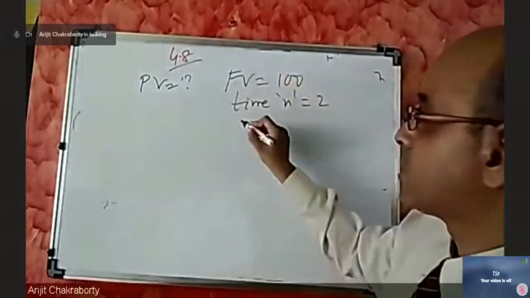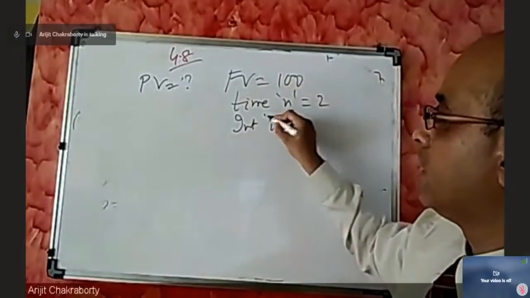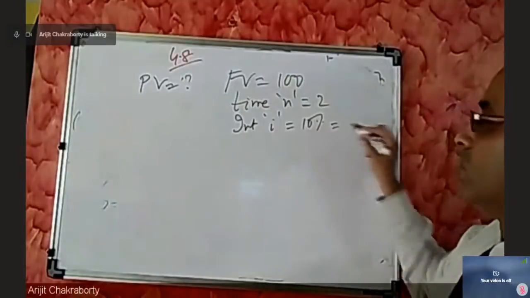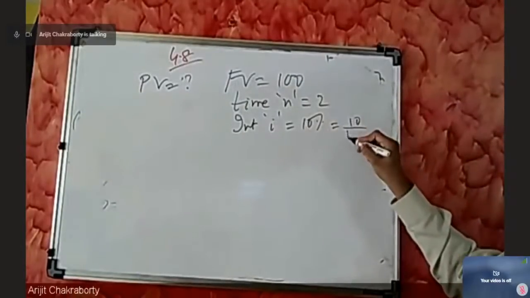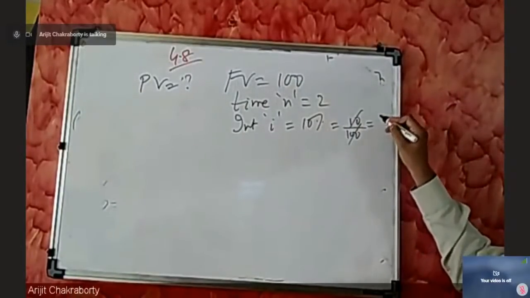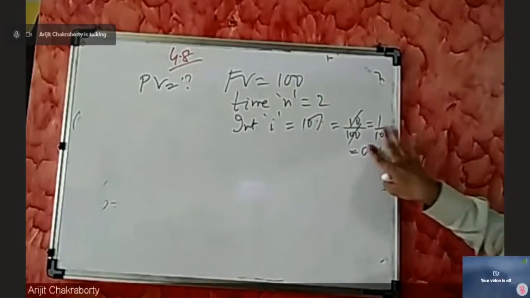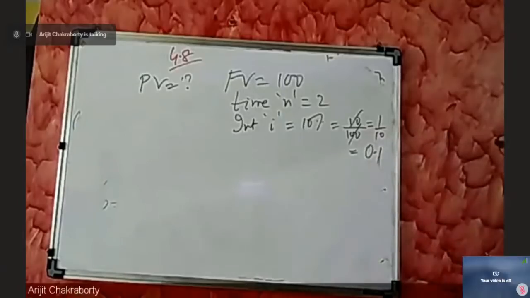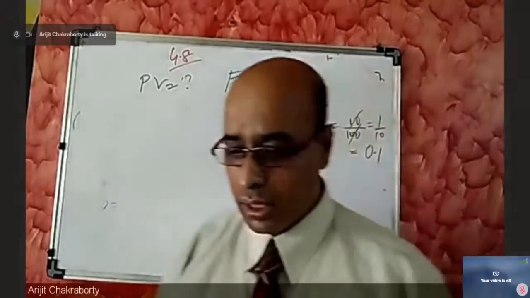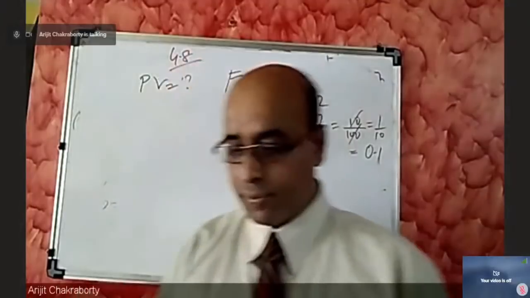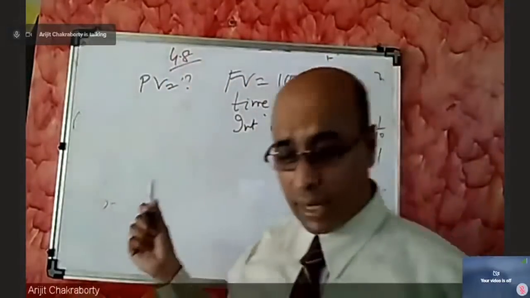And the interest rate I is equal to 10%, which means 10 by 100, that is 1 by 10, that is 0.1.